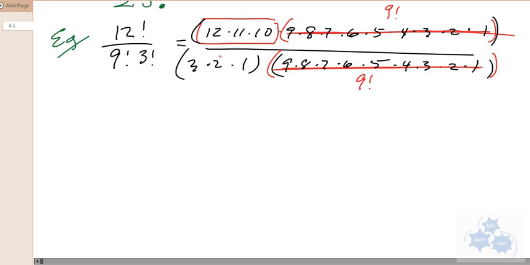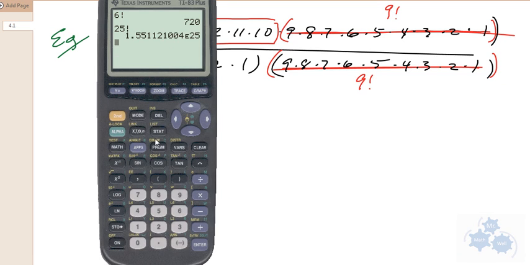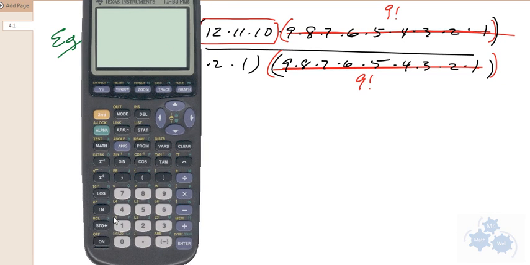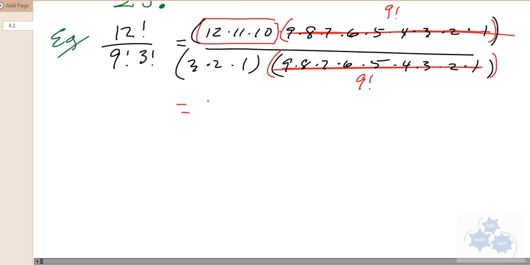So that's pretty easy, right? What you want to do is notice some patterns to make life a little bit easier for yourself. And if you don't know what 12 times 11 times 10 is, that's no problem. You can go ahead in your calculator. It's not a sin. Okay, 1,320 divided by 6, which is 3 times 2 times 1.